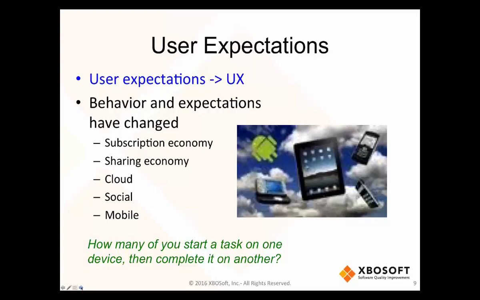And the other thing that's really changed is that with all of these platforms available to us now, with smartphones and with tablets, people are starting to do things on one platform and then transition to another platform to complete it.